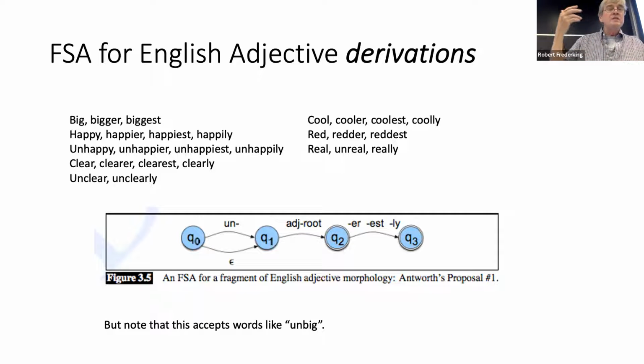So there are all these prefixes and suffixes you can add to a bunch of different adjectives with the same meaning. You can have a finite state machine that says I can either add a prefix of un or not, then the adjective root, and then add er, est, or ly. The problem is that this allows you to say things like unbig or bigly, which normal people don't say.